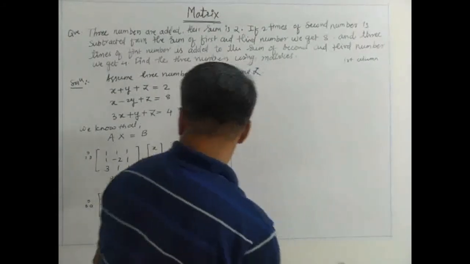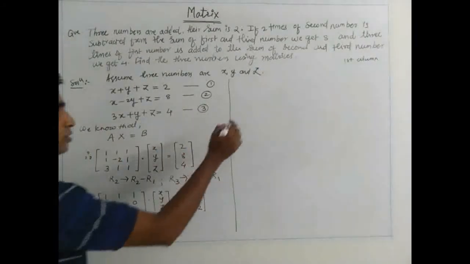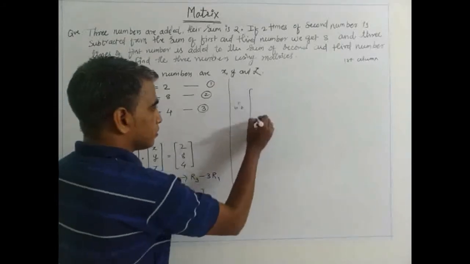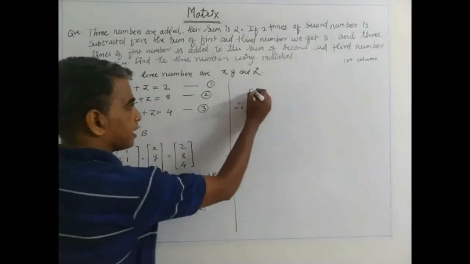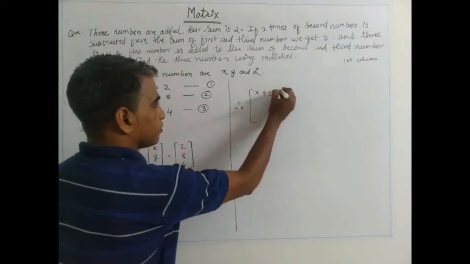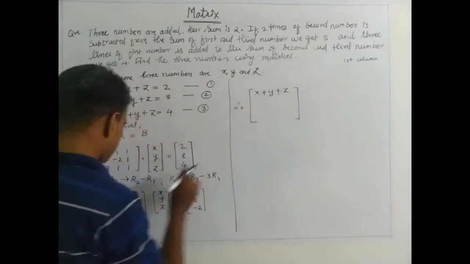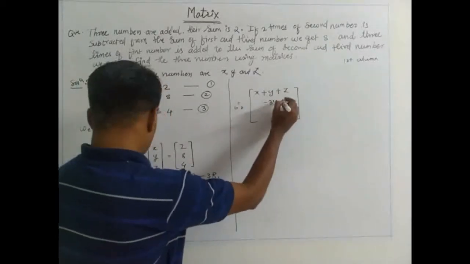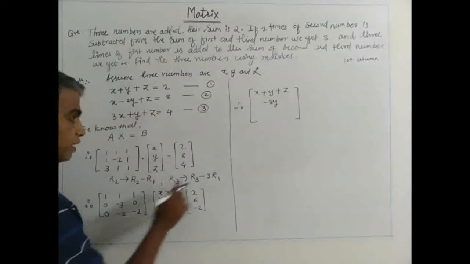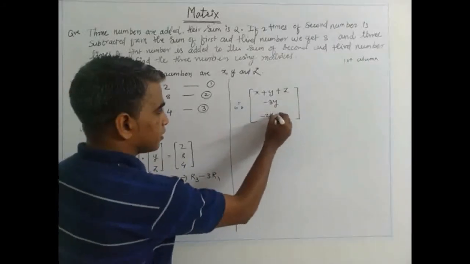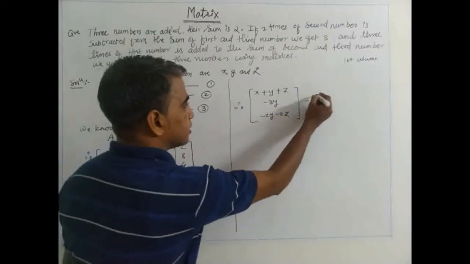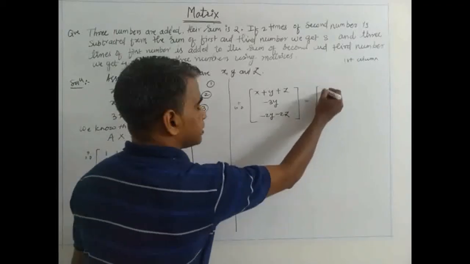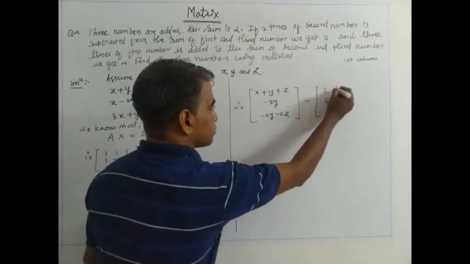So we will get, first, 1 multiplied with x plus y plus z. In the next equation we will get minus 3y. In the third equation we will get minus 2y minus 2z is equal to, on the opposite side, 2, 6, minus 2.